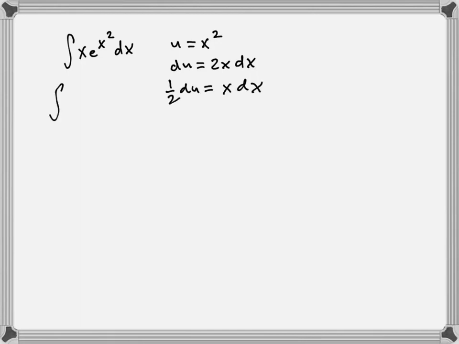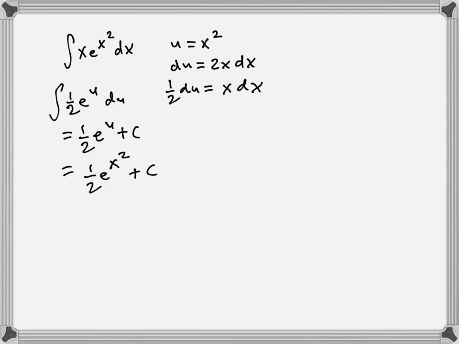So this becomes 1/2 e to the u du, which is equal to 1/2 e to the u after you take the antiderivative, plus c, which is equal to 1/2 e to the x squared plus c.